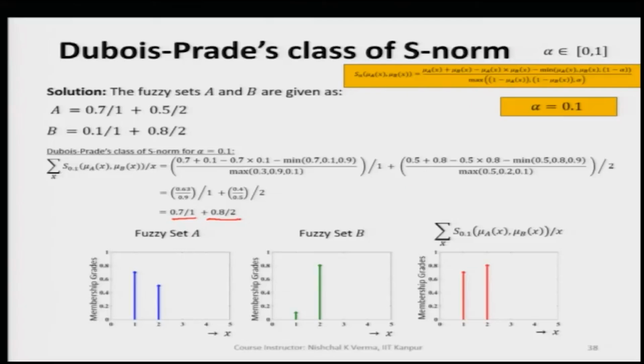These two terms will have membership values for corresponding generic variable values: 0.7 by 1 plus 0.8 by 2. So, if we take the union of these two fuzzy sets, we are getting a fuzzy set which will have two elements, which is shown here, and this is when you take alpha equal to 0.1.